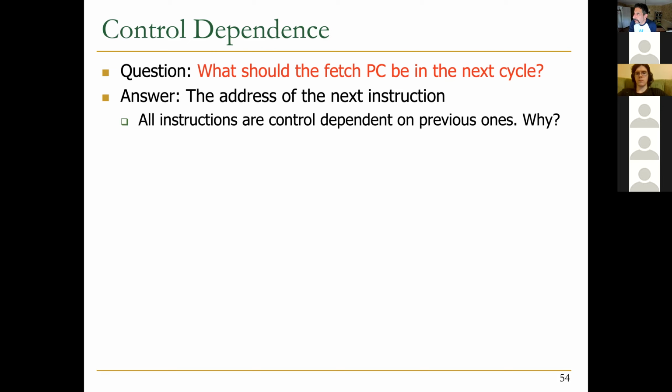In some machines like x86, the length of the instruction varies. Some instructions are lengthier, some are shorter. So not all the time can we know the address of the next instruction. We may be able to calculate it, but it's not easy.